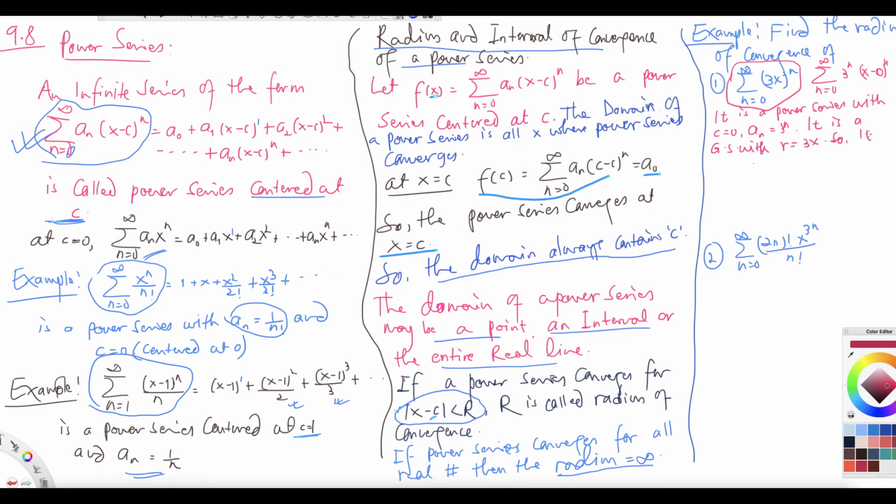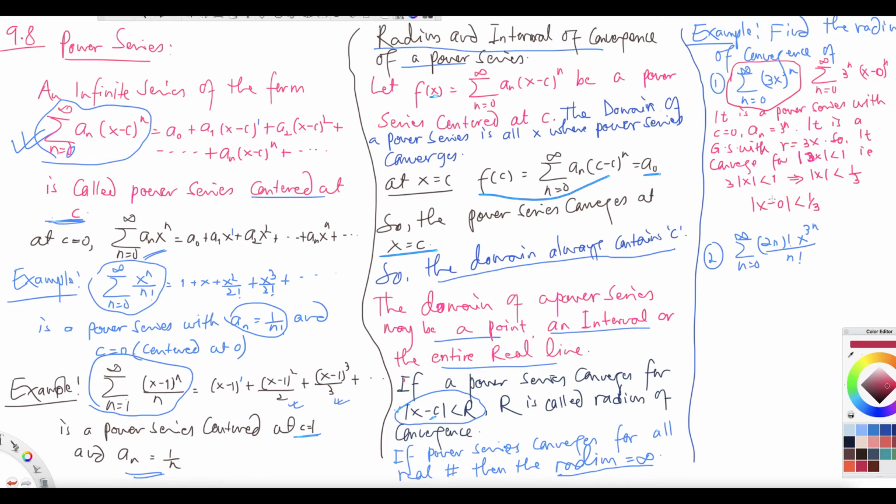So it converges for the absolute value of 3x less than 1, right? If the absolute value of the common ratio is less than 1, the geometric series converges. Since this 3 is positive, we can write 3 times the absolute value of x is less than 1. This implies the absolute value of x is less than 1/3. So this can be written as |x minus 0| less than 1/3.